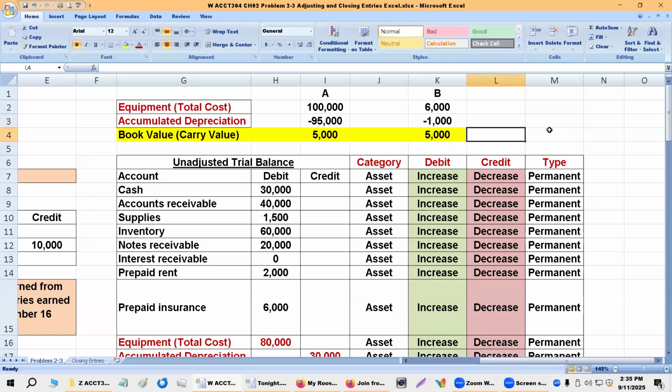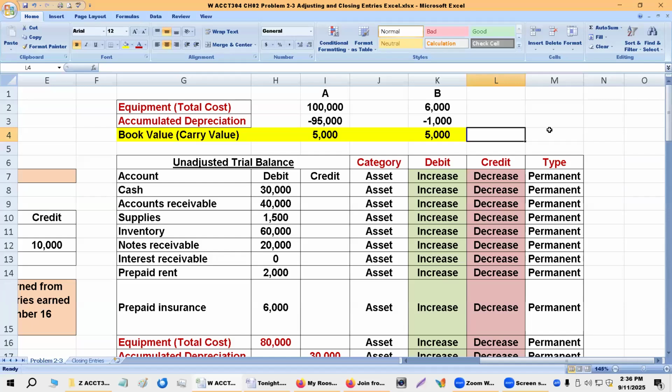Okay, which one of these assets is probably the oldest, A or B? Which one probably needs to be replaced soon? B, because it's cheaper.